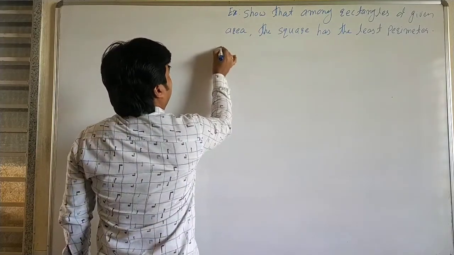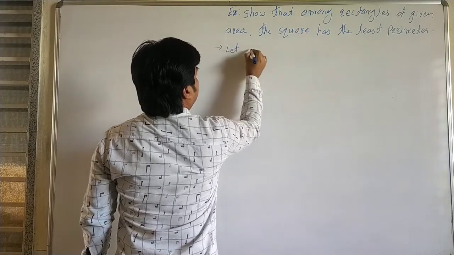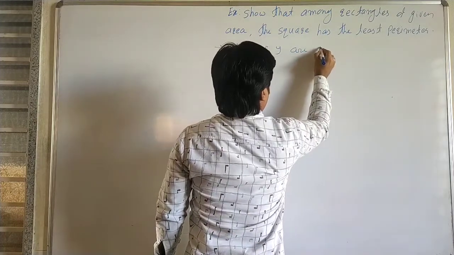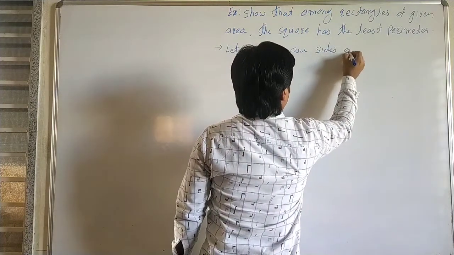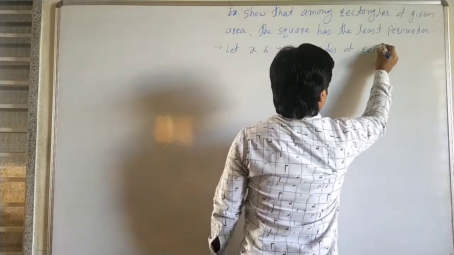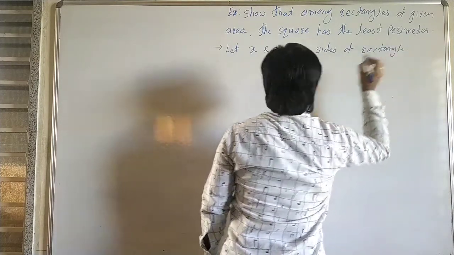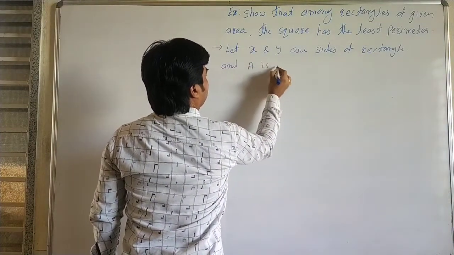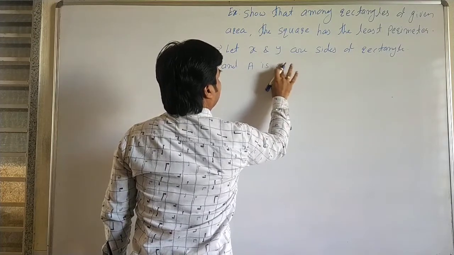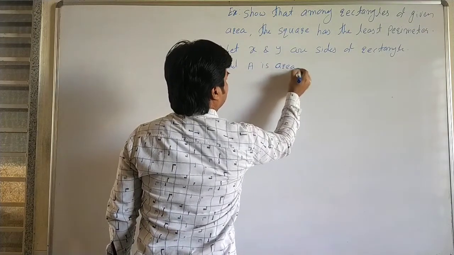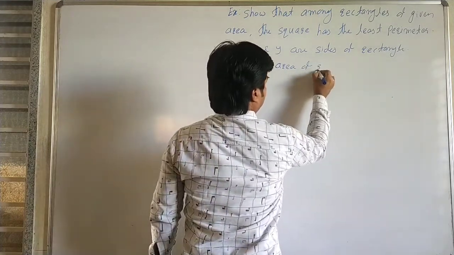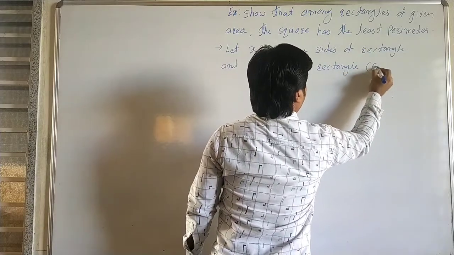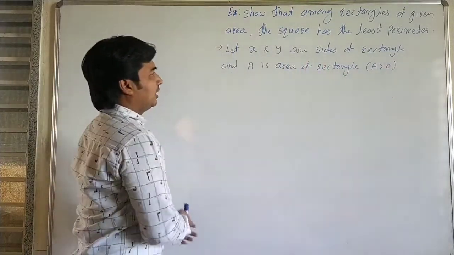Here let x and y be the sides of the rectangle, and A is the area of the rectangle, where A is greater than 0.